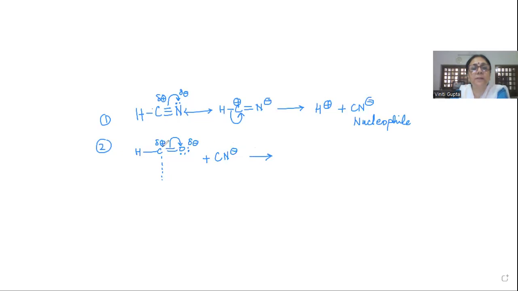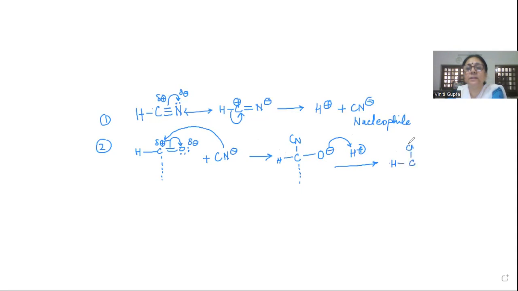Now, this becomes the site for a nucleophile. So, these electrons will be attracted by carbon and we get CN, and here you get O negative, and this is the molecule. This H plus is remaining here. So these electrons are attracted by the proton, and you get H, C, CN, and here you have OH, and what you get is a cyanohydrin.